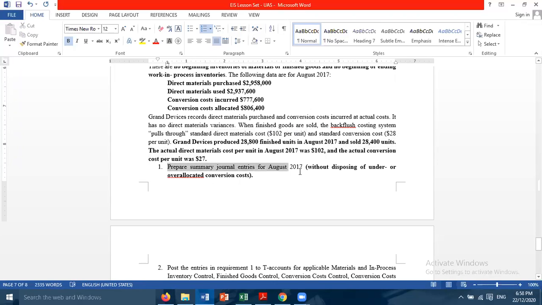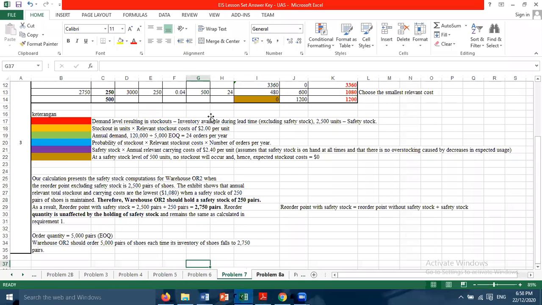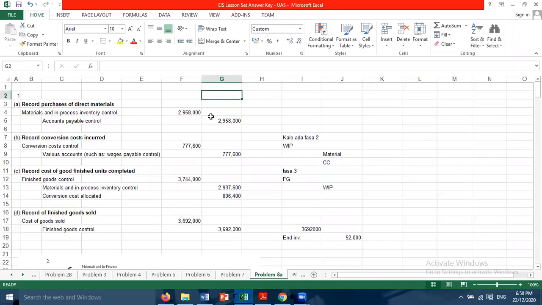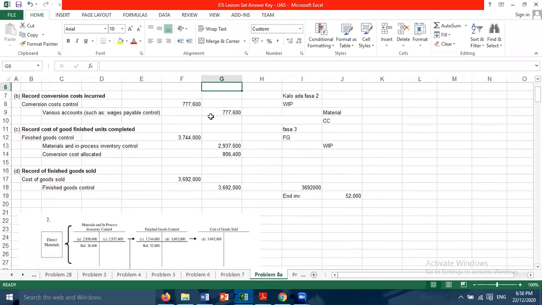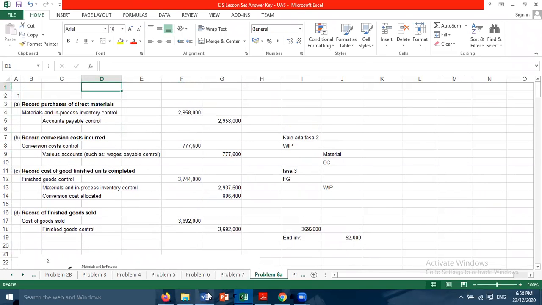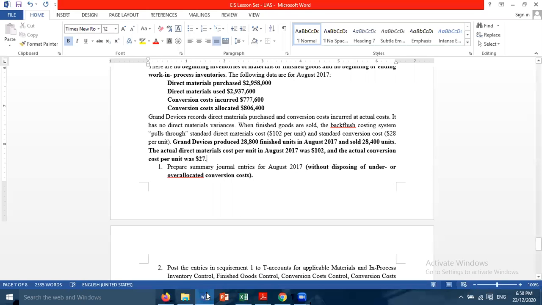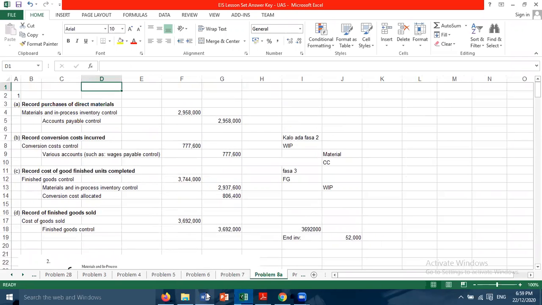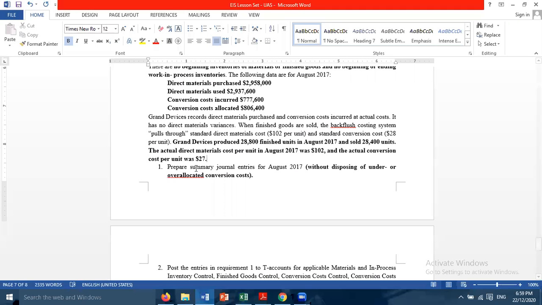So our first question is to prepare summary journal entries for August 2017 without disposing of under or over allocated conversion costs. Here we can see that they only use 3 trigger points, right?